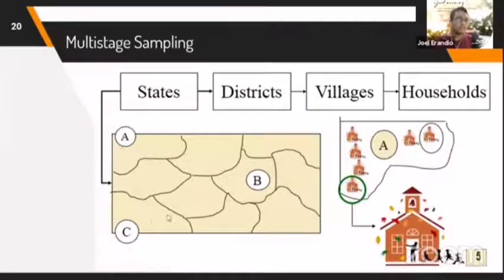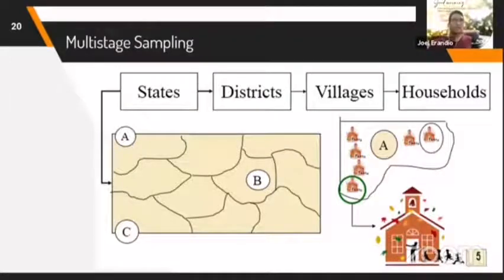And then from these 3, you apply maybe another cluster, or maybe you apply stratification. You stratify within A, stratify within B, and then we stratify within C, so that you have a good representation of these 3. So pwede po yun, the multi-stage.